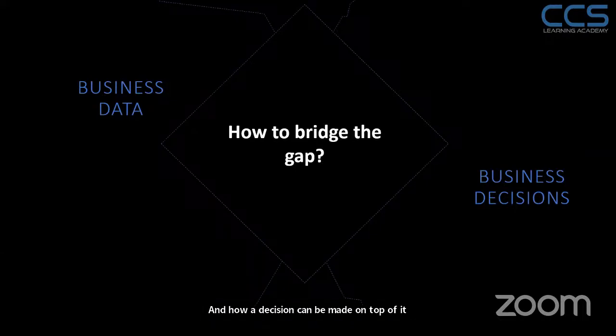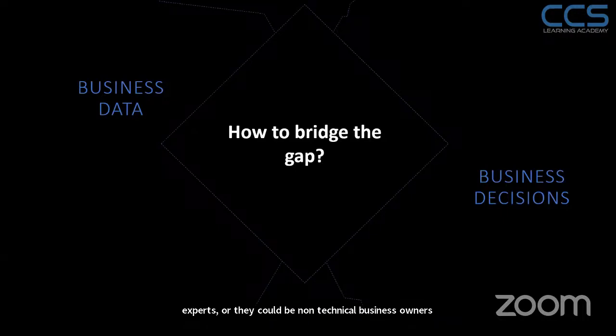So as you see here, business data is going to be in technical terms, where the data could be structured or unstructured, whereas a business decision is something made by the company. It could be made by a business user, technical people, subject matter experts, or non-technical business owners as well.